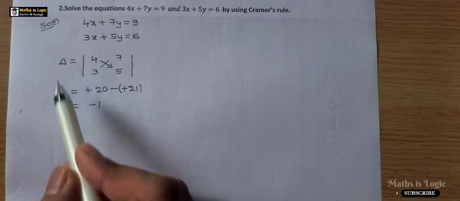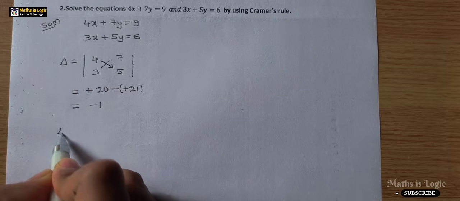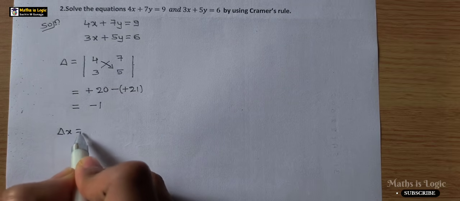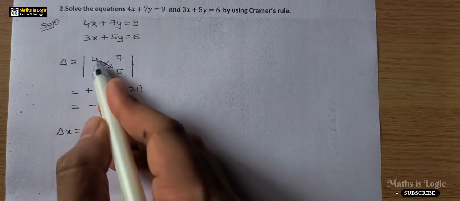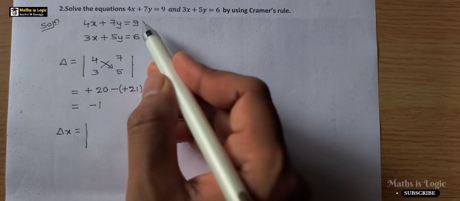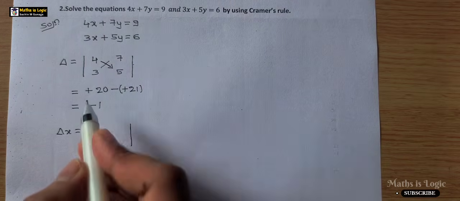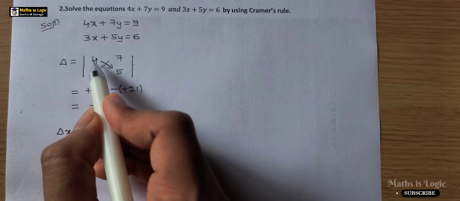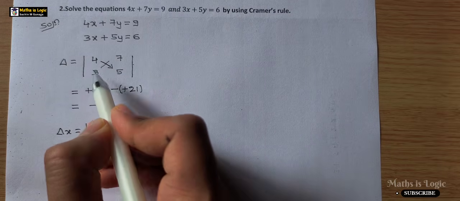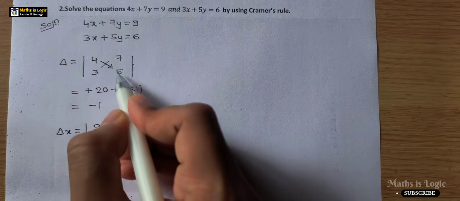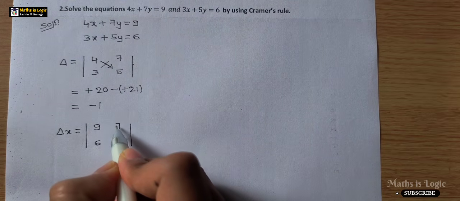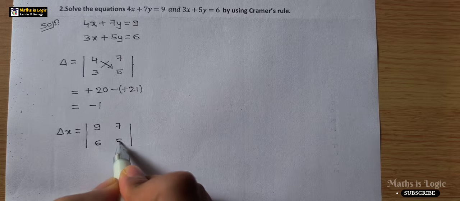Once we get the value of delta, next find out delta x. So for delta x, what we need to do, in delta, first column replace by these two constant terms. That means instead of writing 4 and 3, write 9 and 6. Second column as it is you mentioned, 7, 5.